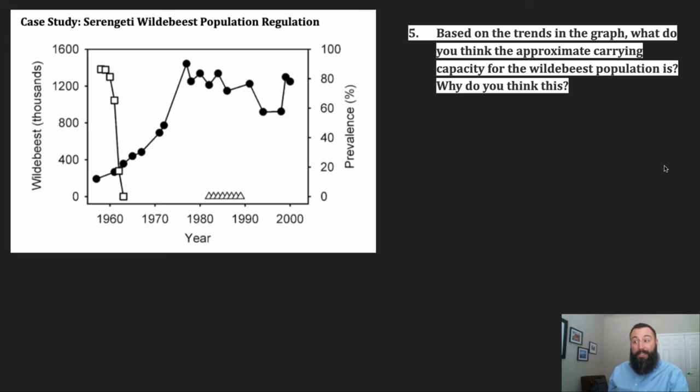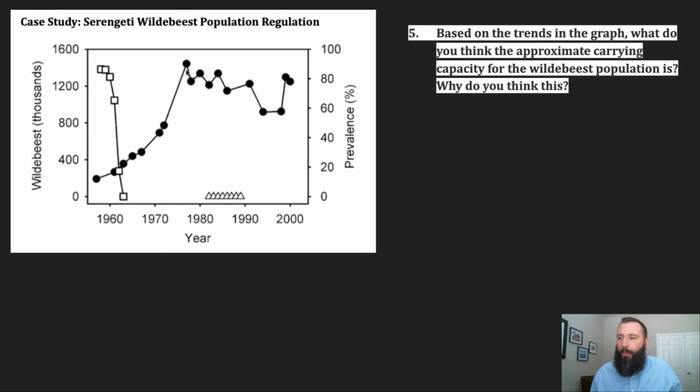Question 5, based on the trends in the graph, what do you think the approximate carrying capacity for the wildebeest population is? Why do you think this is? This area right here, so right, take a look. After the eradication of the rinderpest, hey, the wildebeest population was free to grow, right? But then there was some other resistance that was slowing down and preventing that population from growing forever into the billions, right?